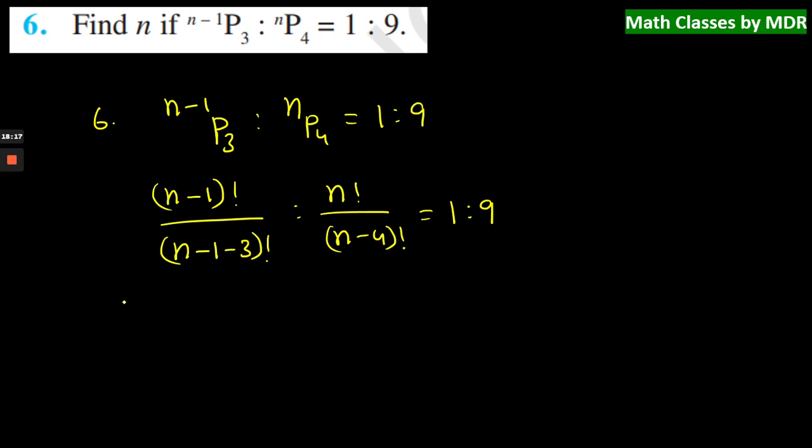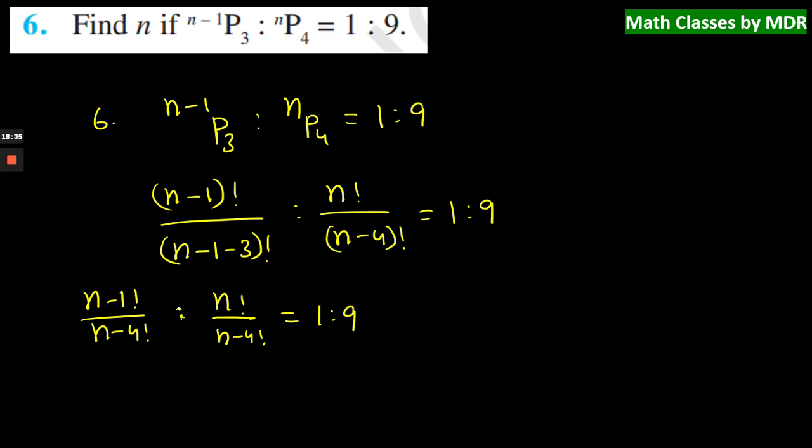Let me write it as (n minus 1) factorial by (n minus 4) factorial is to n factorial by (n minus 4) factorial, which is equal to 1 is to 9.